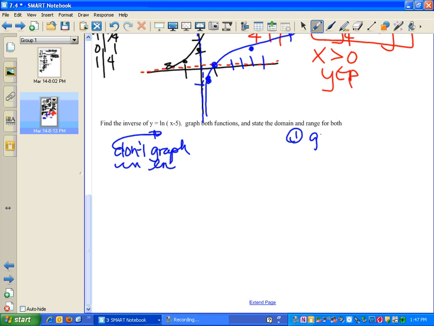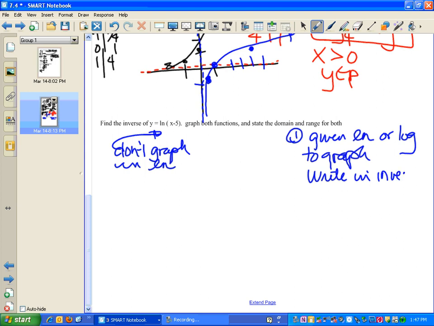So if given ln or log to graph, what you want to first do is write it in inverse form, which means that's an exponential. Okay?